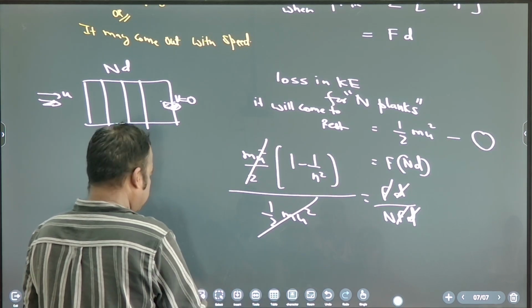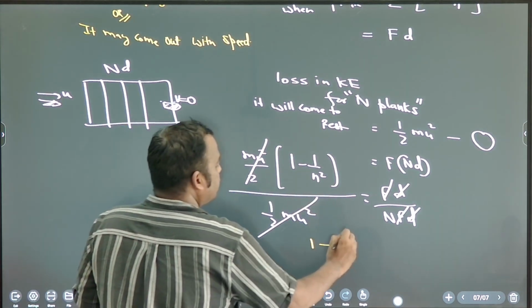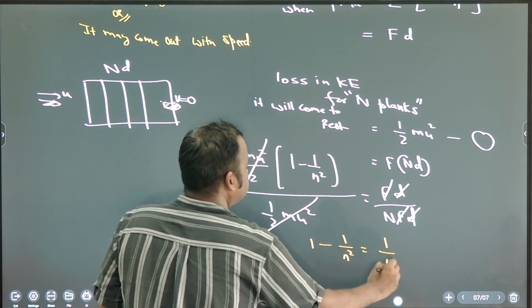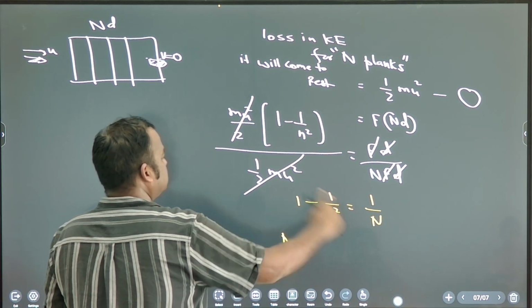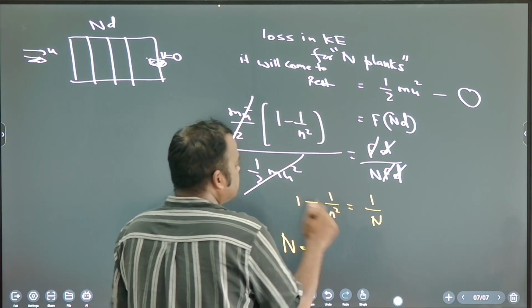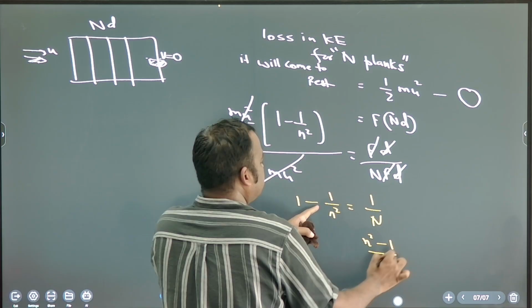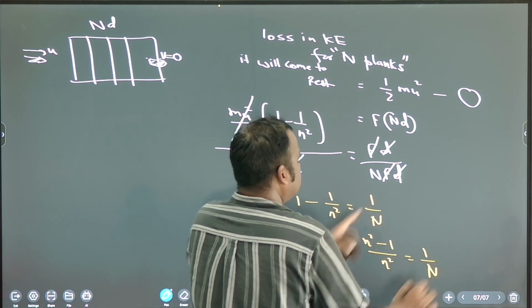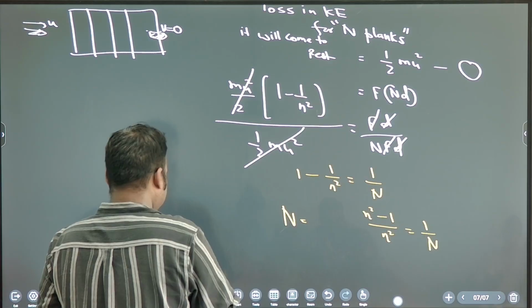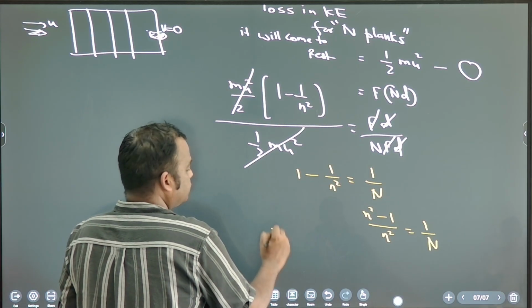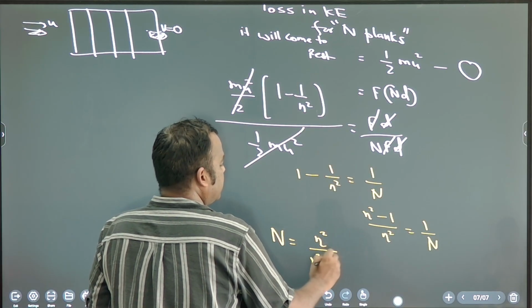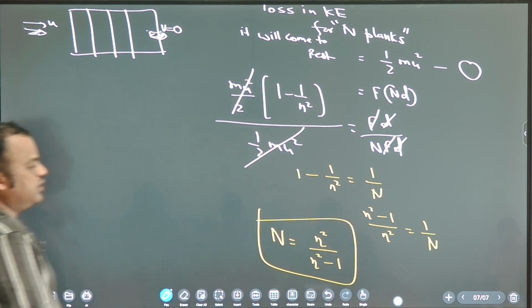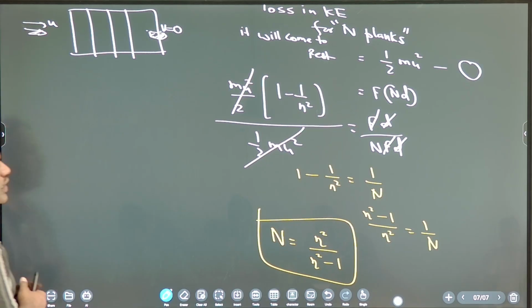So what is the answer? 1 minus 1 by n square is equal to 1 by capital N. So what is capital N? Capital N is equal to small n square by small n square minus 1. Note down.